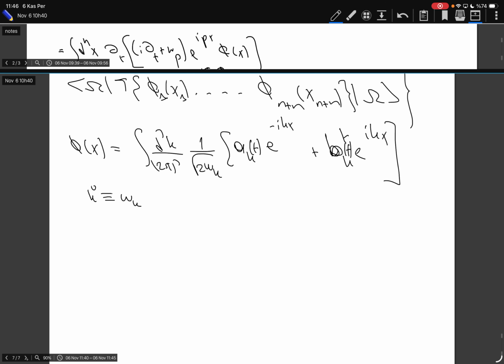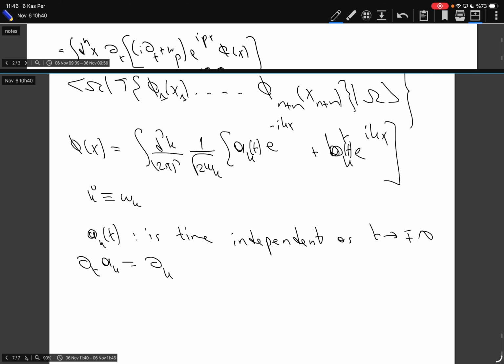So what I know is a_k(t), and similarly for b_k(t), is time independent as t goes to plus or minus infinity. Basically, the time derivative of a_k will be equal to the time derivative of b_k, well, in general they are not equal. Both will go to 0 as t goes to plus or minus infinity.